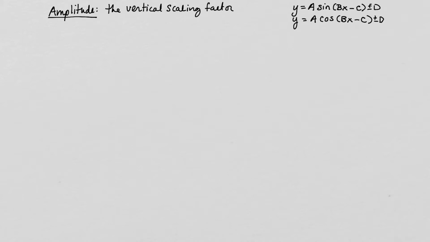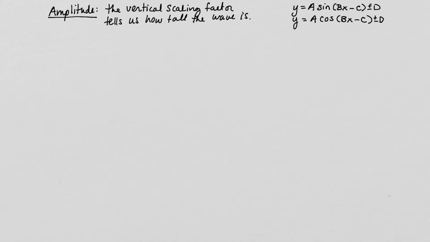If you think back to Math 126, this would have been whether a graph is stretching or shrinking. So it's a vertical scaling factor, and it basically tells us how tall the wave is.